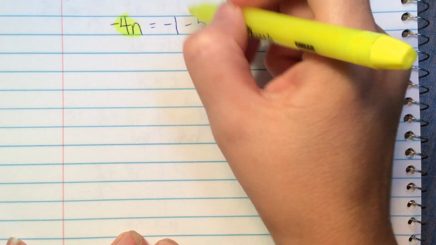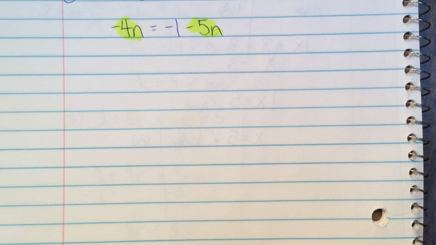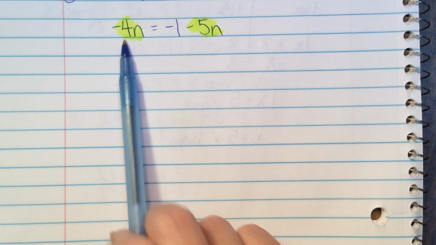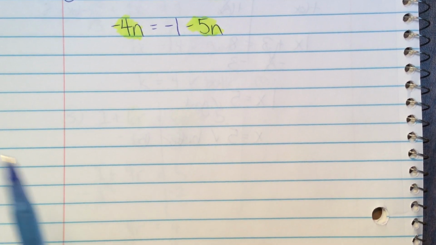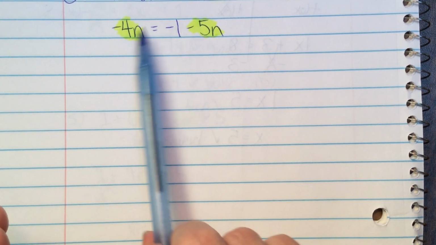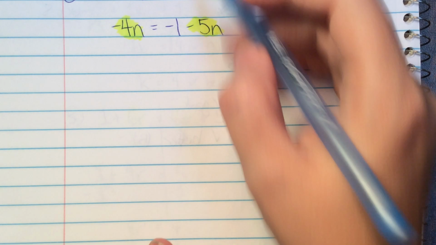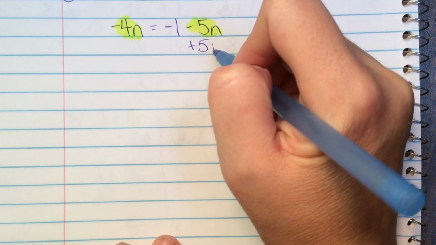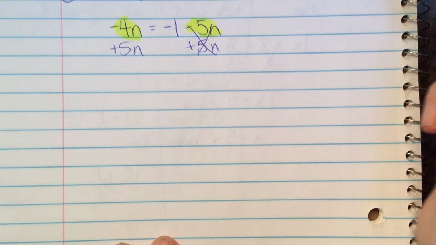So which one are we going to move? Negative 4, negative 5. If they were both positive, 5 would be larger, but they're both negative, so that means 5 is smaller. So we're going to move the negative 5. So we're going to add 5 to both sides.